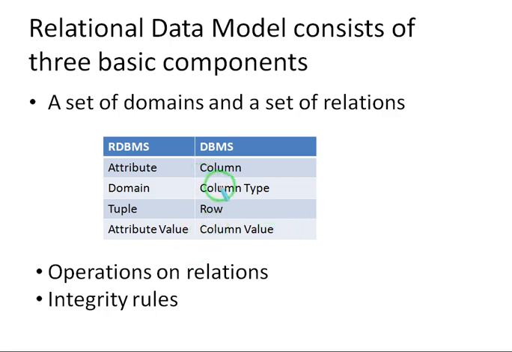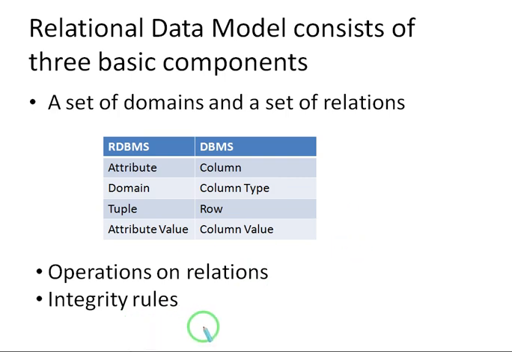So dear student, these are the basic three components of your relational data model: a set of domains and a set of relations. We perform operations on a relation using different programming languages such as SQL, that is data manipulation, and the integrity rules.